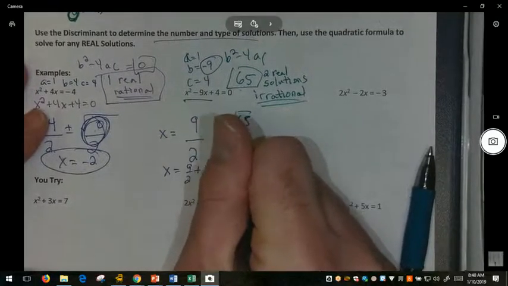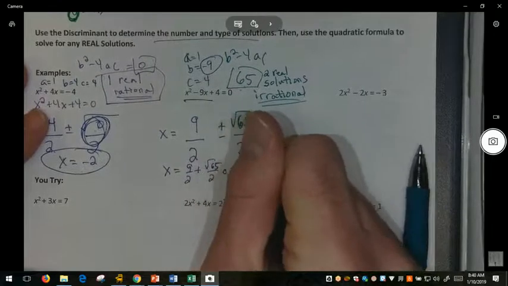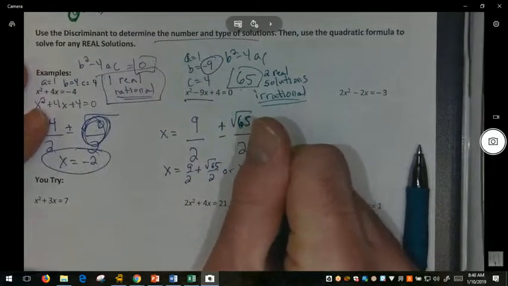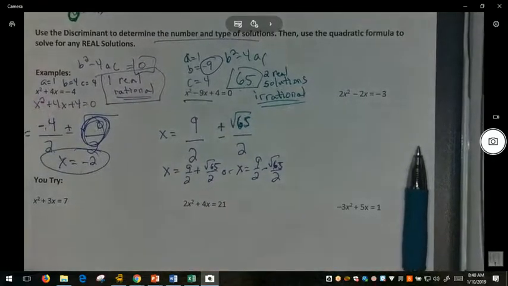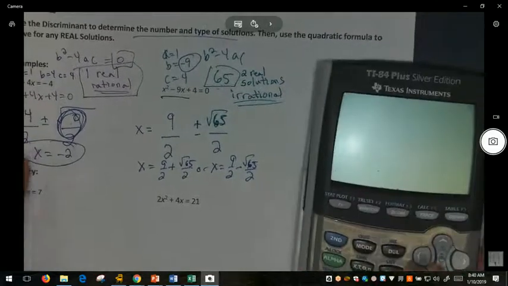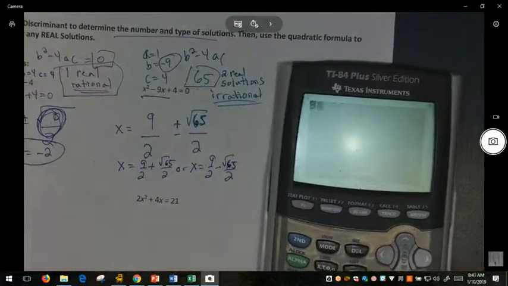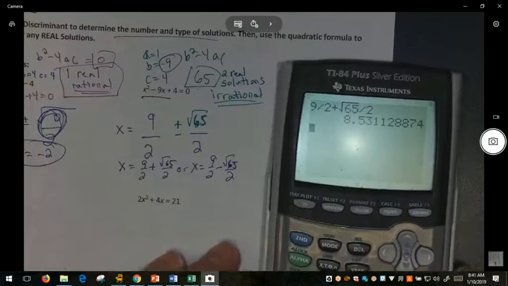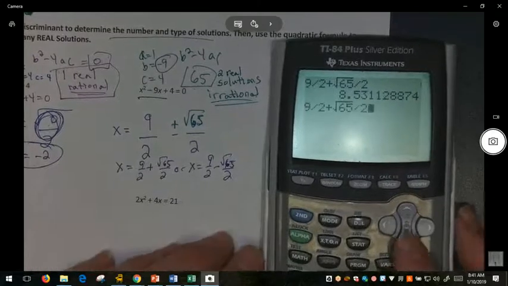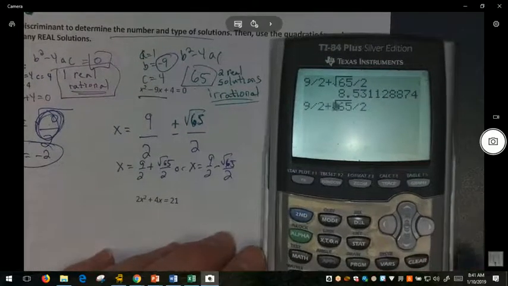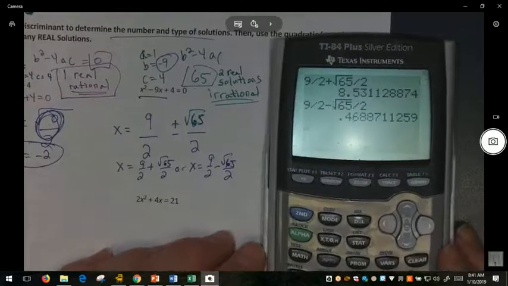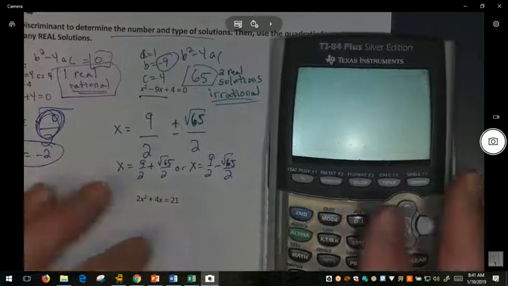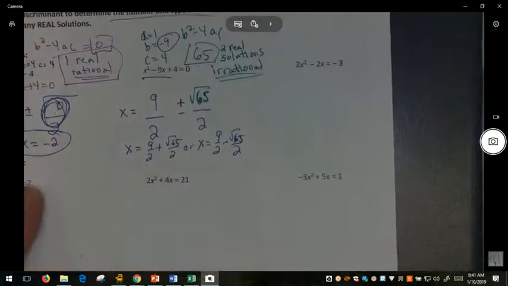It also gives me 9 halves minus the square root of 65 over 2. If I were to graph this, I would find the x-intercepts at roughly a decimal approximation of 8.53 and roughly a decimal approximation of 0.47. But the exact value is in radical form.